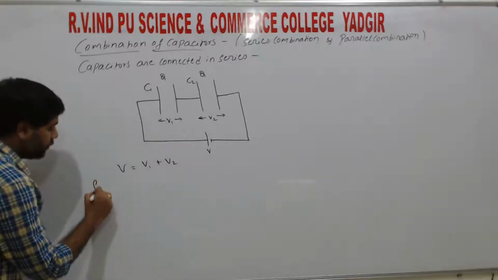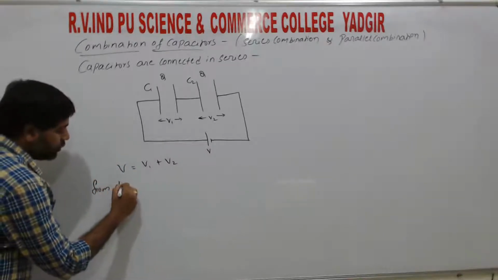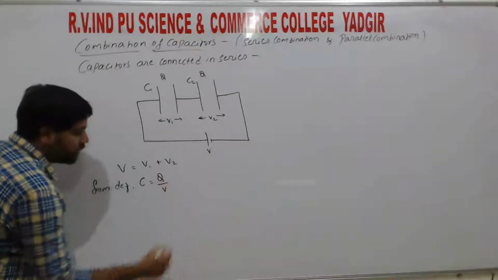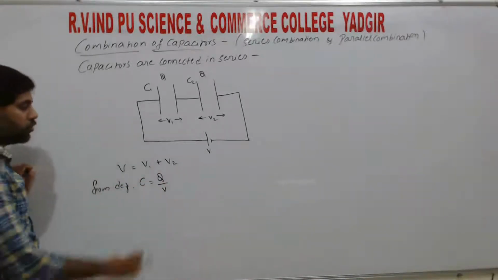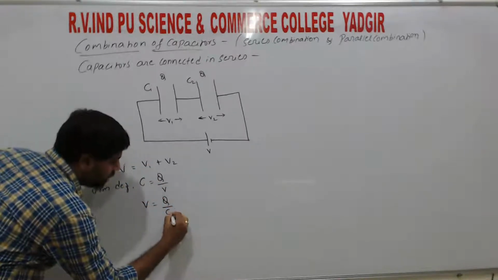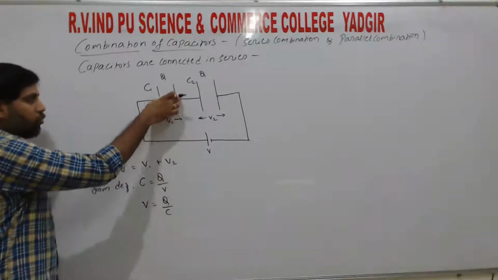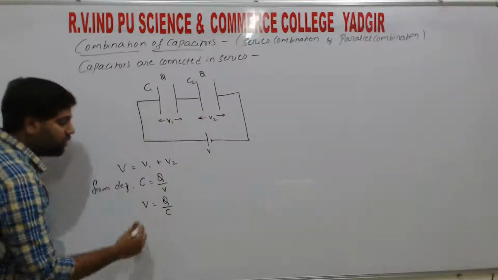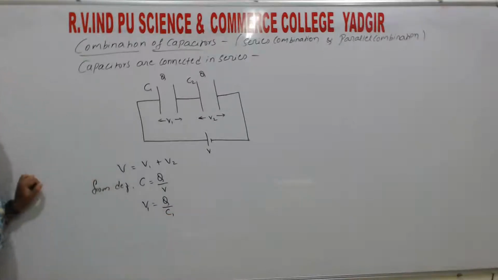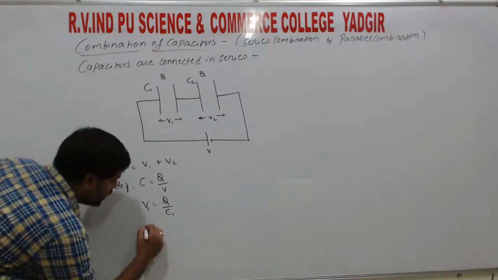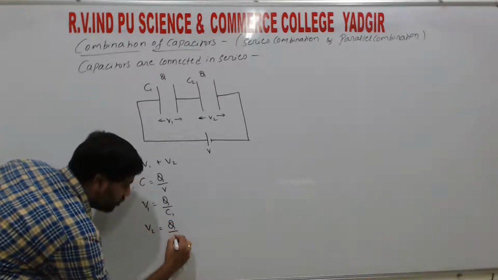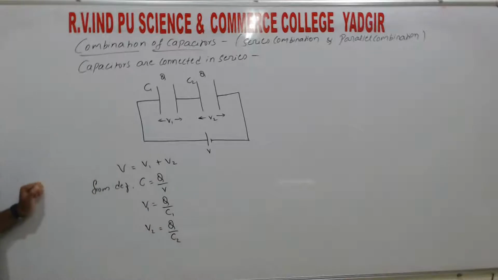From the definition of capacitance, C is equal to Q divided by V, right? So V can be written as Q divided by C. So the voltage across the capacitance C1 is V1 equals Q divided by C1. Similarly, the voltage across the capacitance C2, that is V2, is equal to Q divided by C2, right?